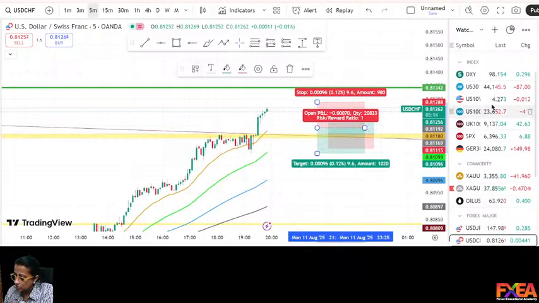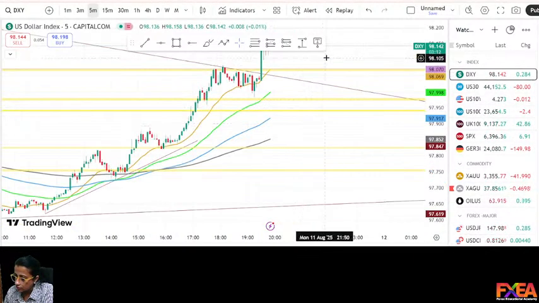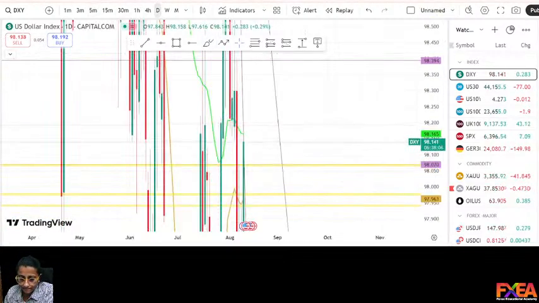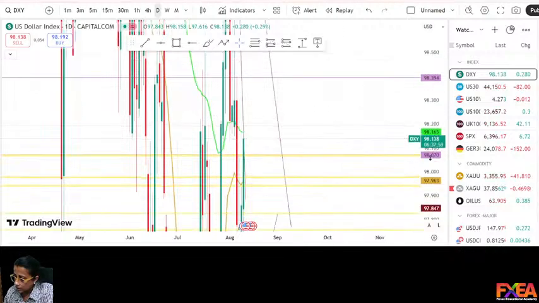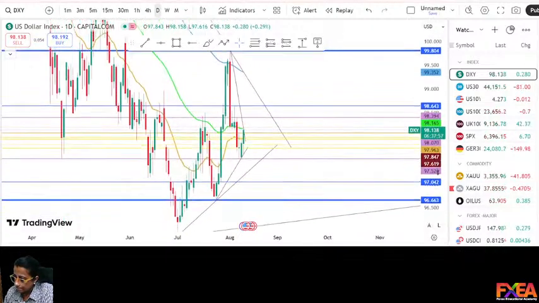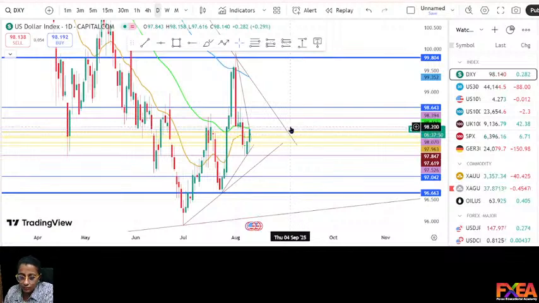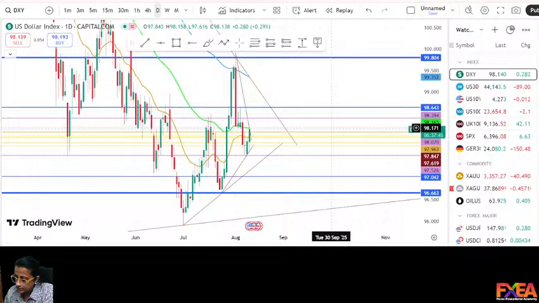If you notice the dollar index on the daily time frame, we have the daily time frame middle brother located exactly near our current price, and the big brother here.